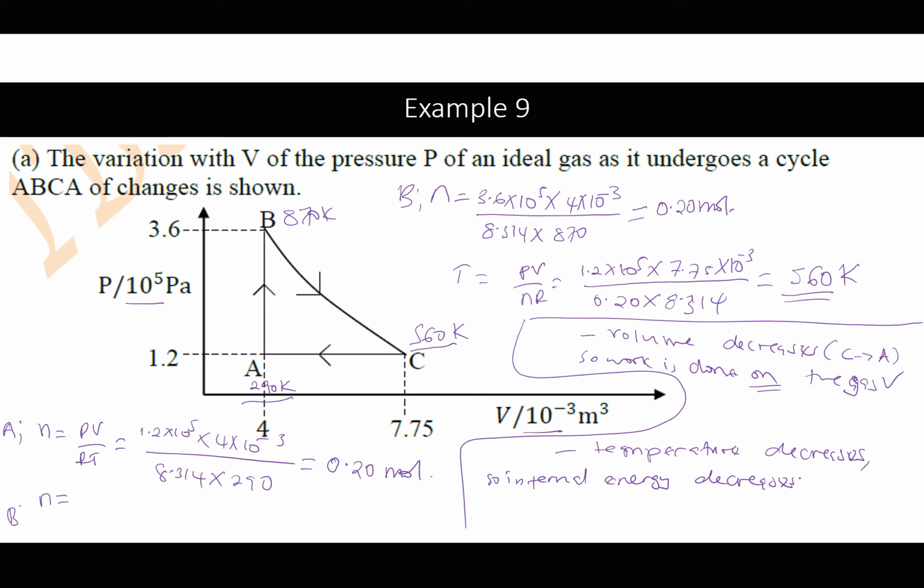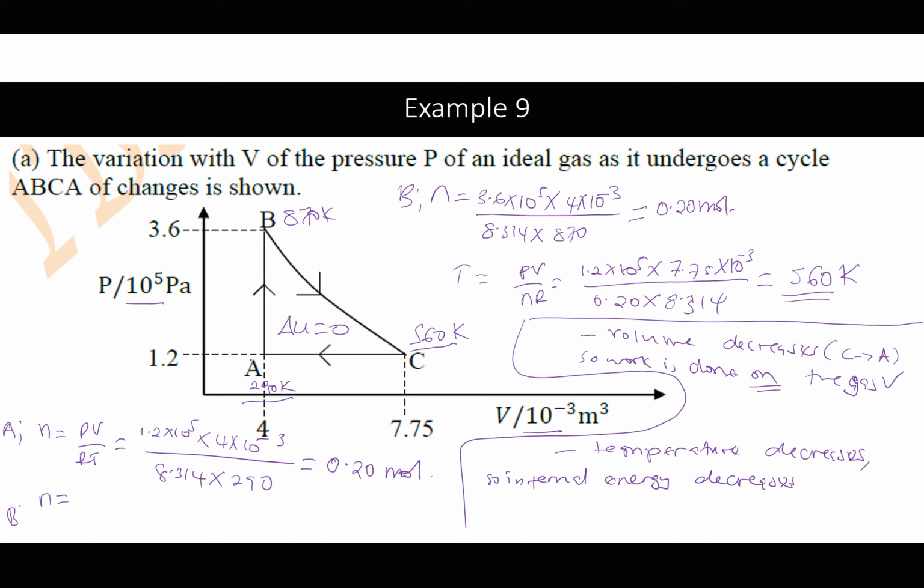However, if we started from stage A to stage B to stage C and back to stage A, the total change in internal energy for the gas when we come back to stage A would be 0. Because if we started from stage A where the temperature is 290, stage B it becomes 870, stage C it becomes 560.